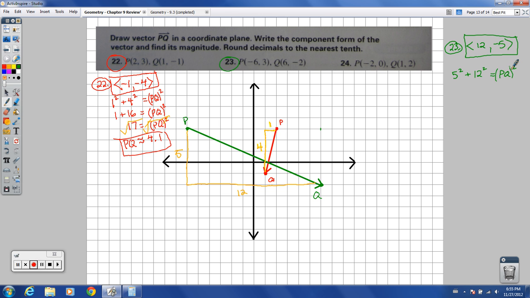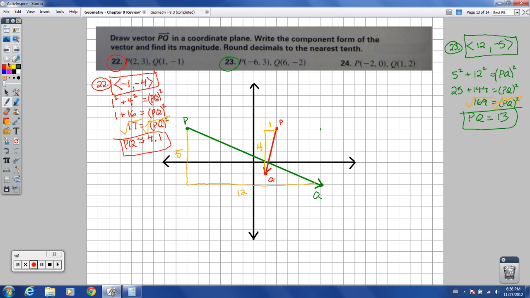I'll put parentheses there so you don't think it's just the Q part squared. So we have 25 plus 144 is PQ squared. That's 169. You can take the square root of both sides, and that cancels. You're left with the green PQ for number 23 being 13.